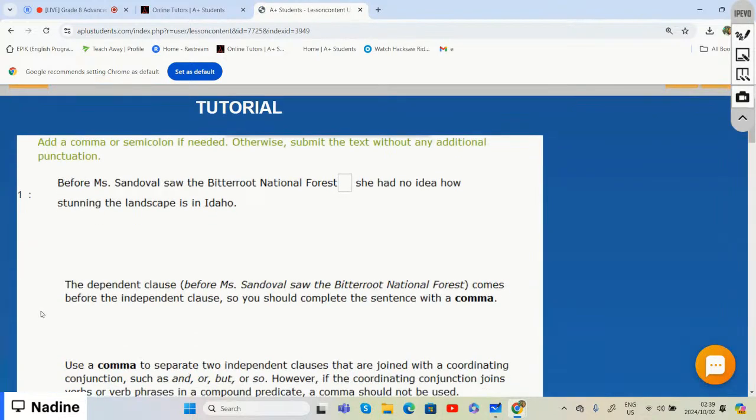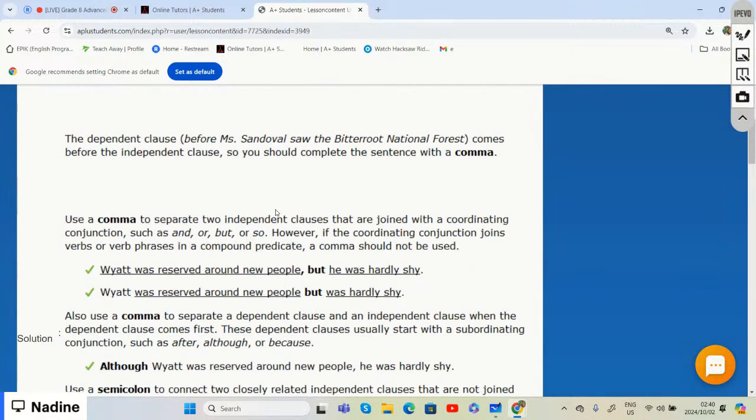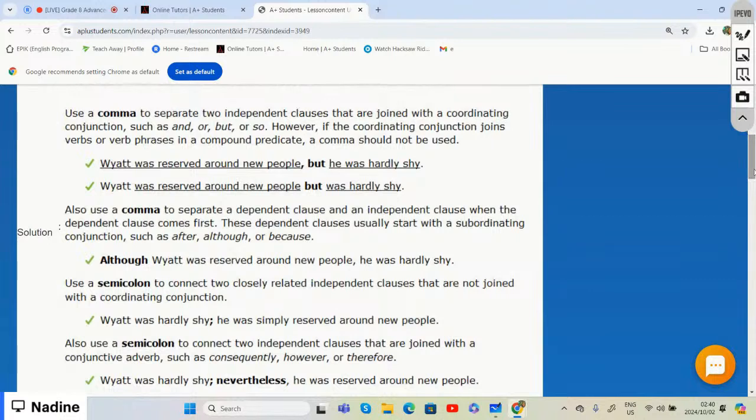We're just going to use semicolons and commas to separate the clauses, right? So we're either going to use a semicolon or a comma to separate our clauses. It says, use a comma to separate two independent clauses that are joined with a coordinating conjunction.